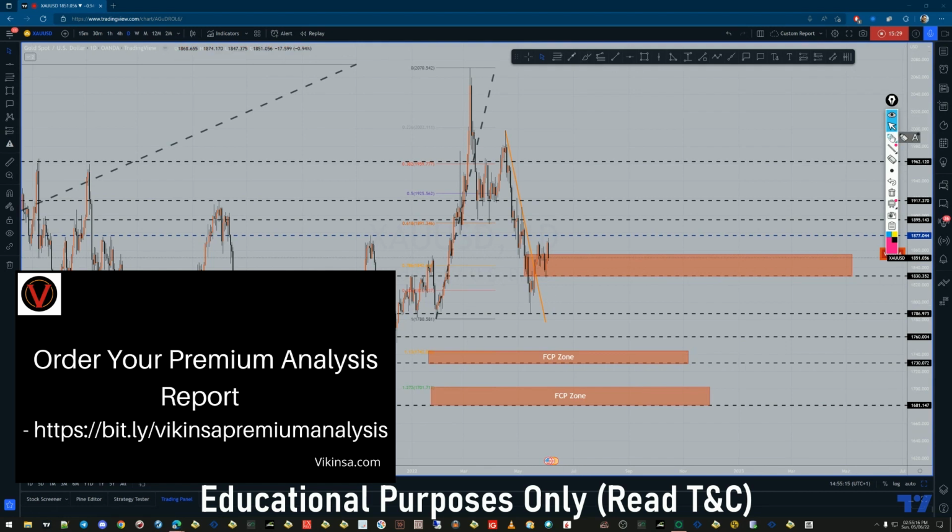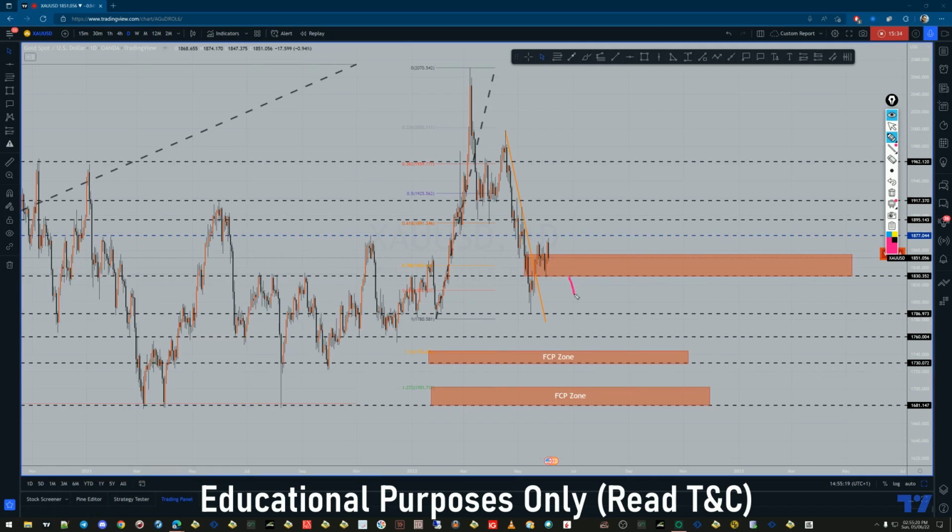So if you see a confirmation below 1830.352, then it's quite possible that the market will try to retest that previous double bottom and try to violate it. So 1786.973 is the next level. After that, if it gets broken, then we are looking for 1760.